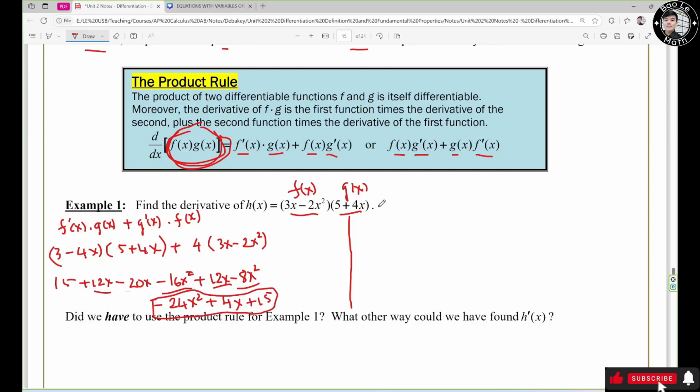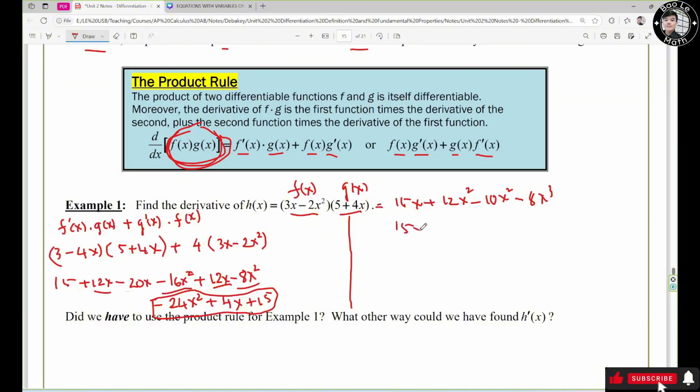Now the second way is I'm going to distribute this one, and then I'm going to check the derivative of a polynomial. So this guy turns out to be 15s plus 12s squared minus 10s squared minus 8s cubed. Then I'm going to simplify.